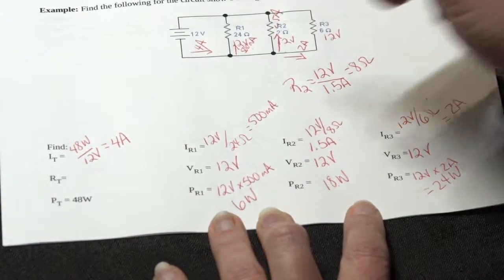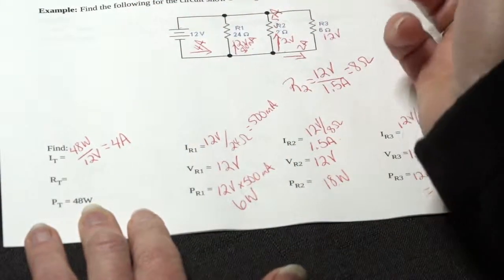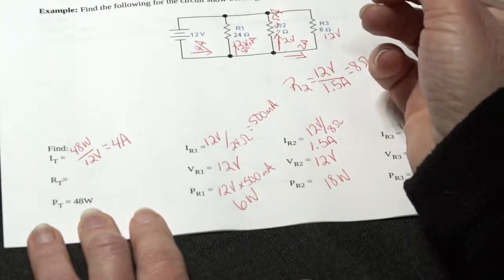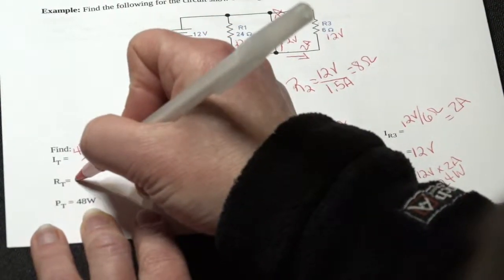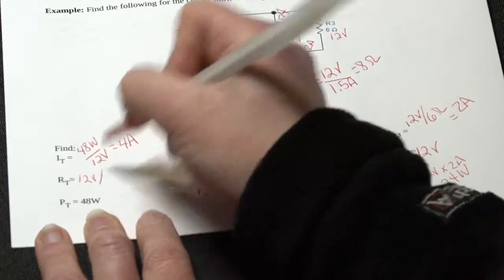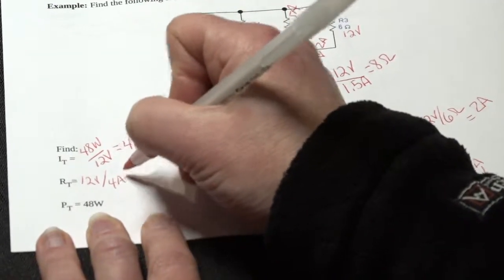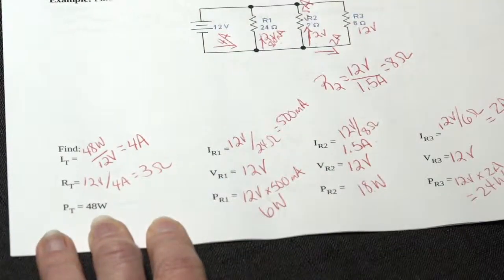Now, we could do that a couple of ways. The first way, of course, is to apply Ohm's law. So we could say, all right, 12 volts divided by 4 amps equals 3 ohms.